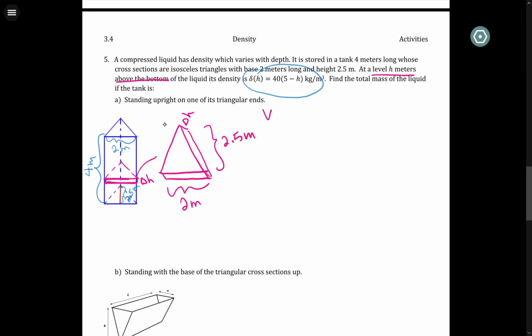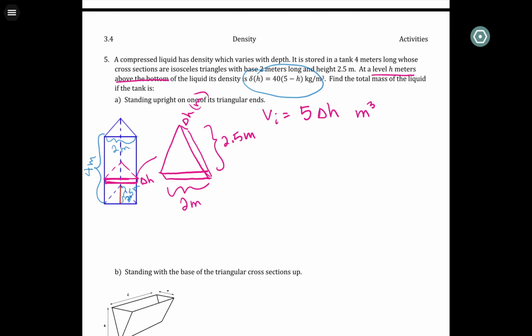Okay, so the volume of my slice is 2 times 2.5, which is 5, delta H cubic meters. So if we multiply meters by meters, and delta H is also in meters, we're going to get cubic meters. That's great, but what we're actually interested in is the mass of our slice.